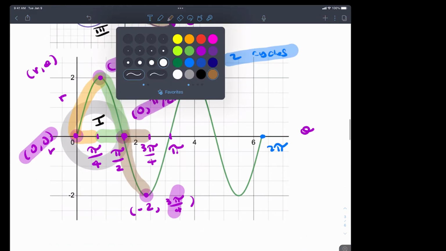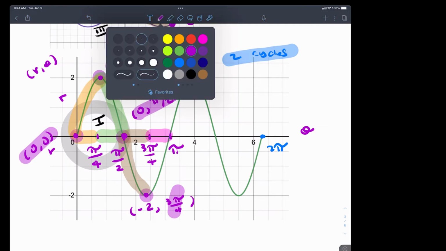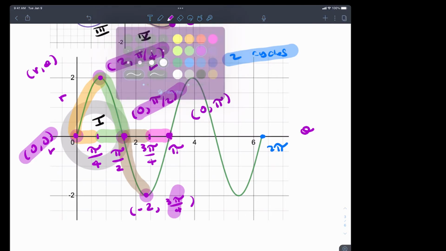Now, the last portion here is 3 pi over 4 to 2 pi. Where's this location? Well, that location is radius 0, angle pi, right there, and that's in pink.